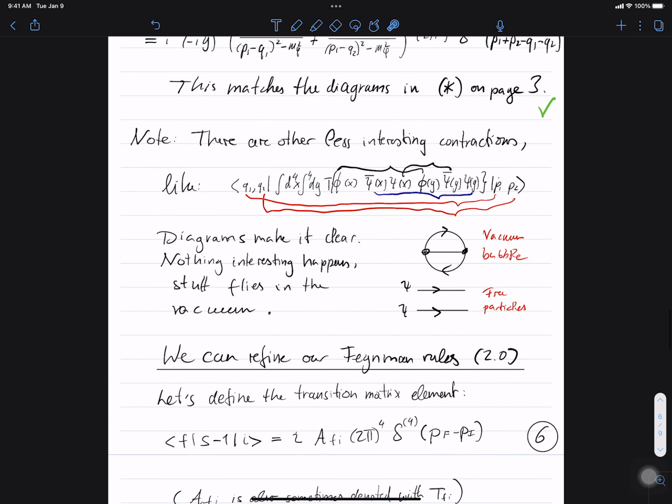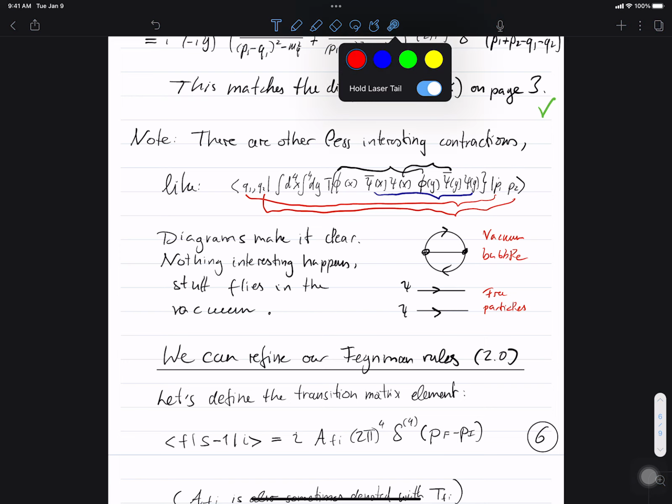Right. Now, there are other less interesting contractions where we can contract the external fields with themselves, and internal fields also with themselves. What does it correspond to in diagrams?